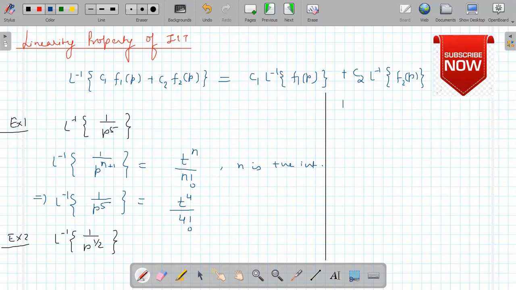Laplace inverse of 1 upon p raised to the power n plus 1 is defined as t raised to the power n upon gamma n plus 1 for n greater than minus 1. n is not a positive integer here. So Laplace inverse of 1 upon p raised to the power half.